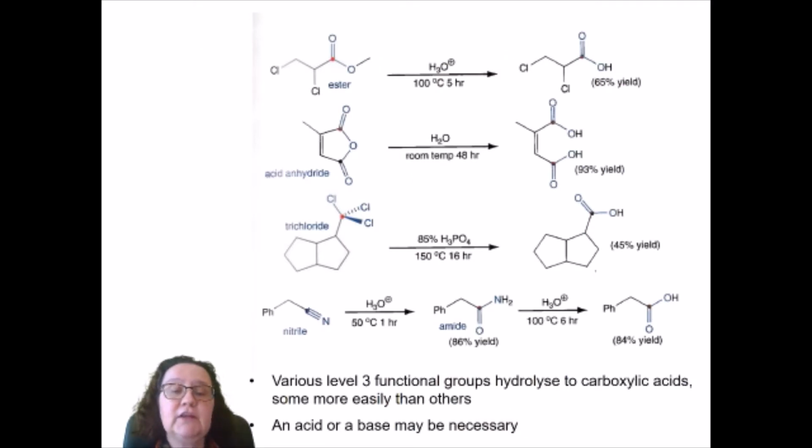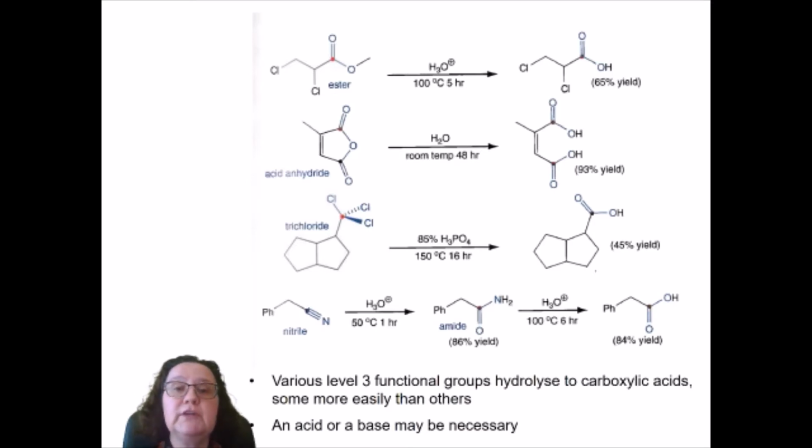You have here an example of the hydrolysis of various level 3 functional groups. And as you can see, many level 3 functional groups will hydrolyze to carboxylic acid, some more easily than others. And it is the conditions that tell you how easy that hydrolysis happens.